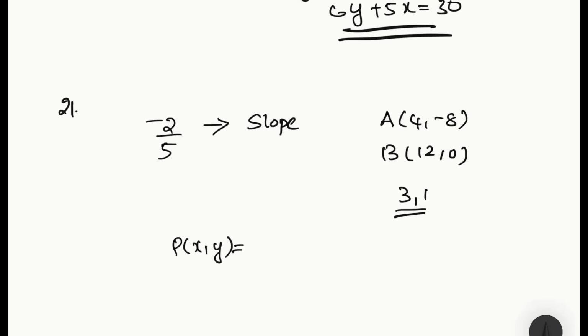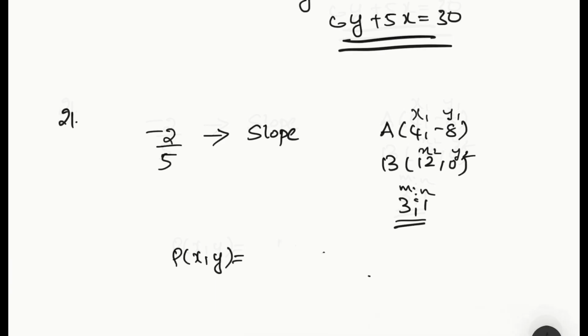The ratio is 3:1, so I can take this as m1 is to m2. This will be x1 y1 and x2 y2. So, the section formula, we already know it. What is that formula?